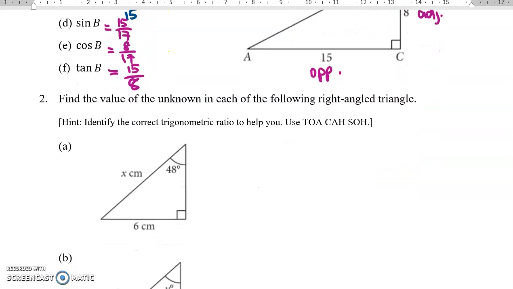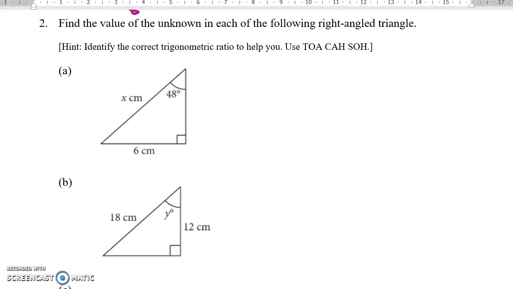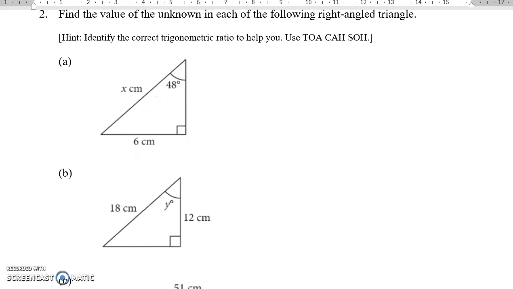Question 2 wants us to find the value of the unknown in each of the following right angle triangles. So the hint given is to identify the correct trigo ratio to help you. Okay, so you have to identify whether you use sine, cosine, or tangent of the given angle. So for the first triangle, my unknown x is the hypotenuse.